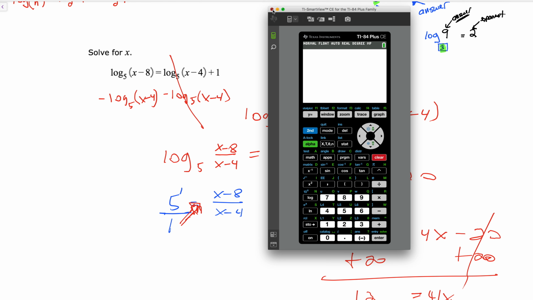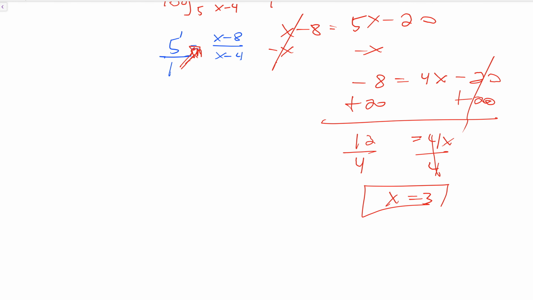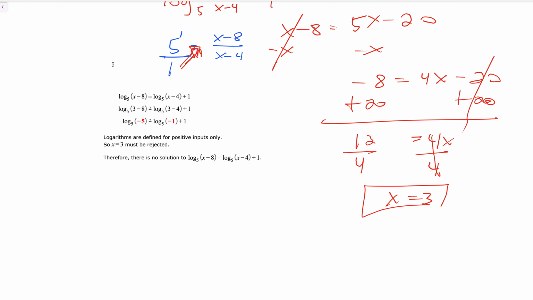Hold on. So look here. They plugged it in, and actually there's no solution. So if no solution is an option on a multiple choice test, you definitely want to investigate that. Make sure it doesn't come up as no solution.